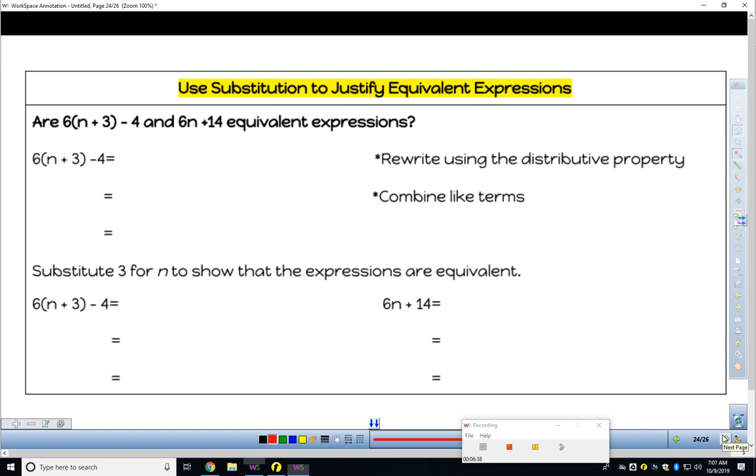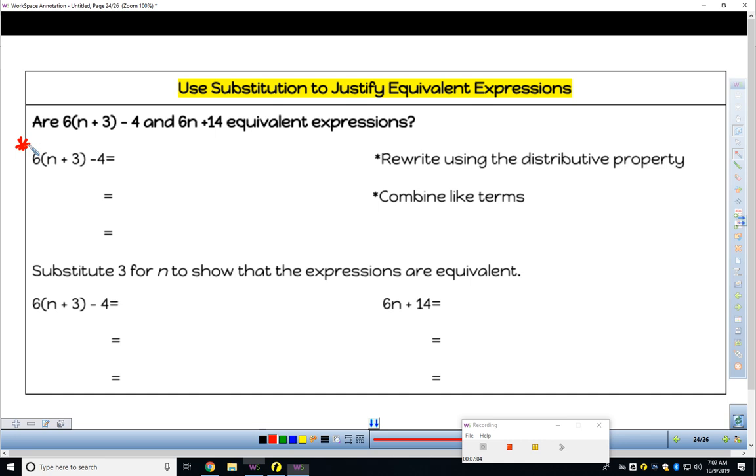So we're going to take these two expressions, 6 times n plus 3 minus 4, and 6n plus 14, and see if they're equivalent. What we're going to do first is take this expression and combine all the like terms. We're going to distribute everything out and simplify it down. Then we'll see if it's equivalent to 6n plus 14. If you'd like to pause the video and try it, you can.